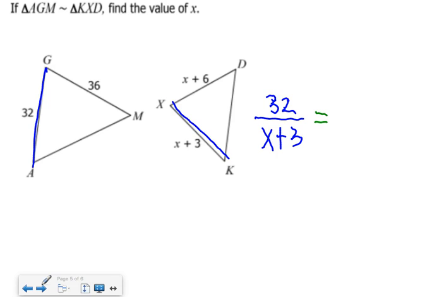Are we gonna end up cross multiplying? Yes, that's how we're going to solve it. And then GM matches what? X plus 6. Yep. So 36 over x plus 6. And then we just solve like we were doing yesterday.